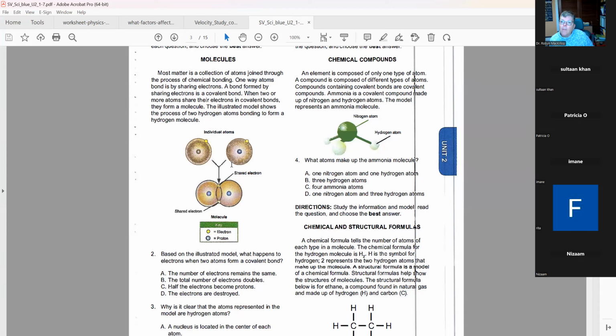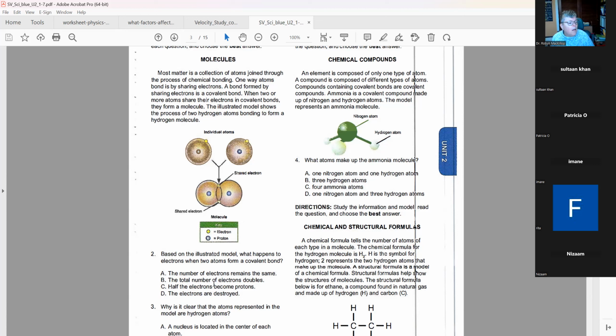Think back to our chemical equations when we had one element plus another element turned into a combined element. That's kind of what's happening here. You've got your individual elements. When they combine, they form something new.